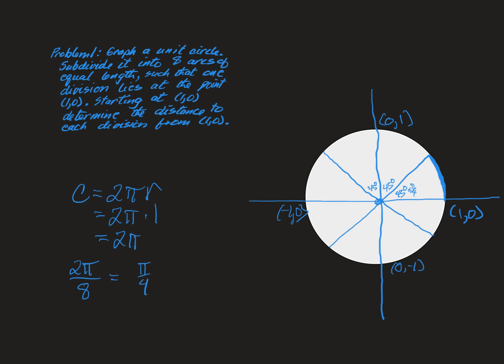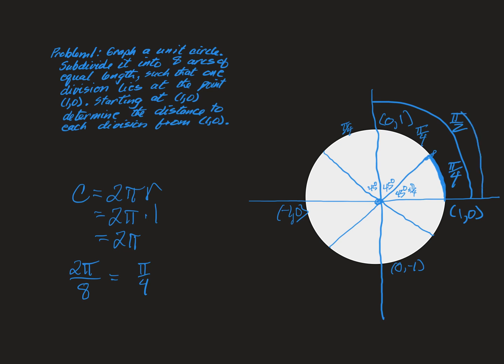That's interesting. Each arc by itself is equal to pi over 4 as you go all the way around the circle. Now, what this wanted me to do was actually measure the distance from 1, 0 to each subdivision. So the first one is pi over 4. The second one is pi over 4 plus pi over 4, so that one is pi over 2.